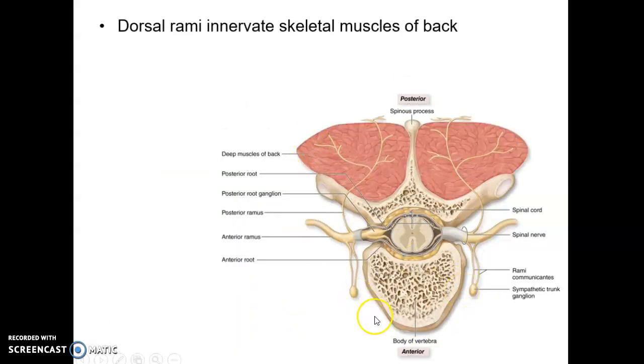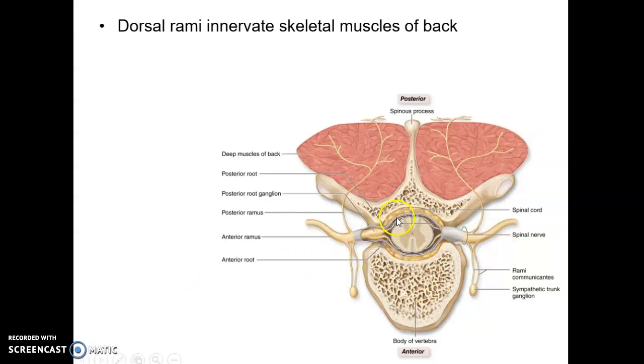So let's go back to, I think this is chapter 14, when we were introducing the nervous system, to review a few concepts. If you remember, the dorsal rami innervate skeletal muscles of the back. There's the spinal cord. There's that nice bump, that road landmark, the dorsal root ganglion.